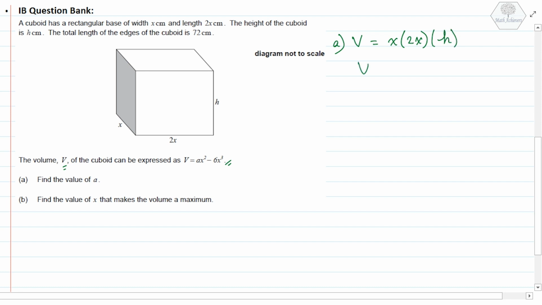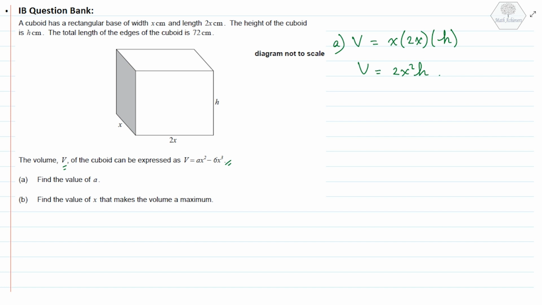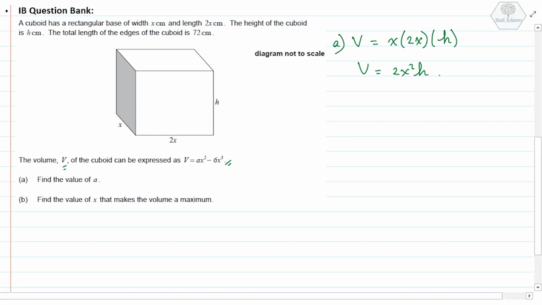So now the volume is equal to 2x squared times h. As you can realize, it does not look similar to what we have in here. So we need to use the givens in our question that the length of all edges is equal to 72.